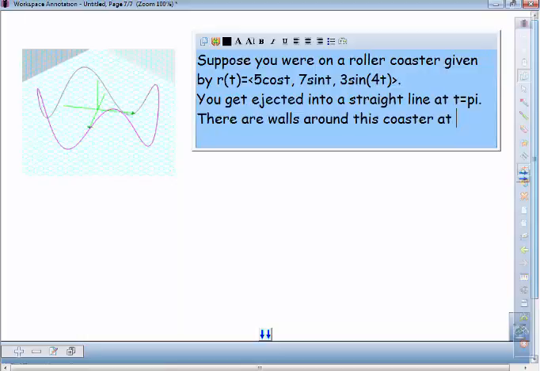So at planes, and then I'll just say x equals plus and minus 12. Y equals plus and minus 12. I'll just say x, y, and z.